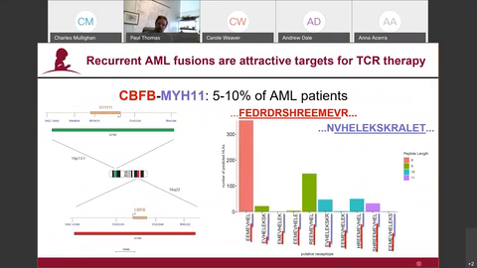And then just one more word on hematopoietic targets. Our current research in this area is focused on AML, which obviously has much worse outcomes than the ALLs that we have been looking at.